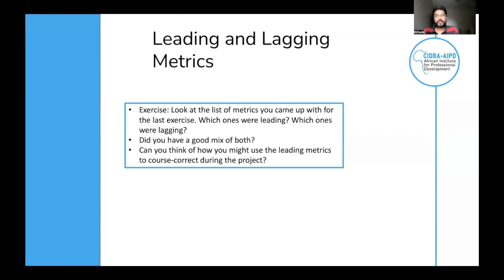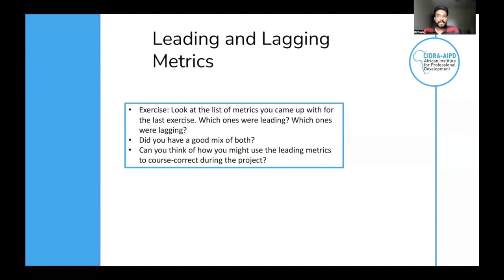And then it's just a vanity metric. You can track it, but none of your actions will be influenced by them. So it is advised to have some leading metrics so that you can course correct when you need to, and then lagging metrics to know if you reach the place or not.